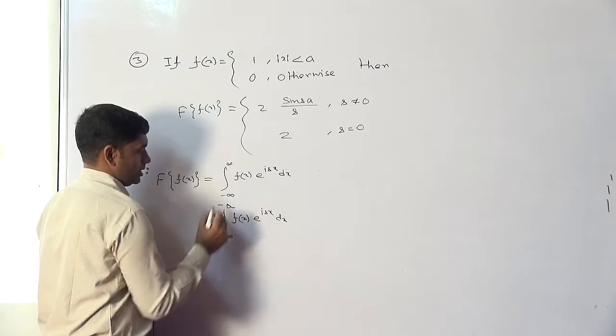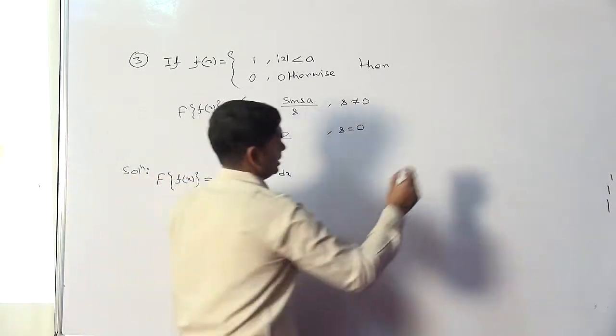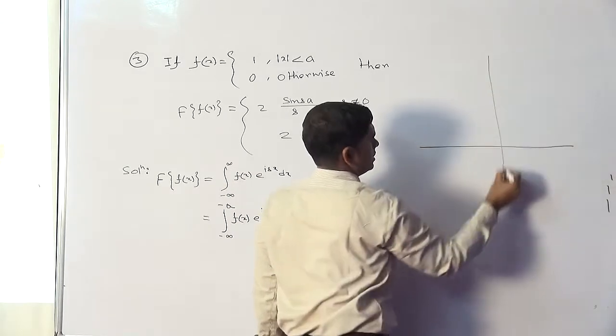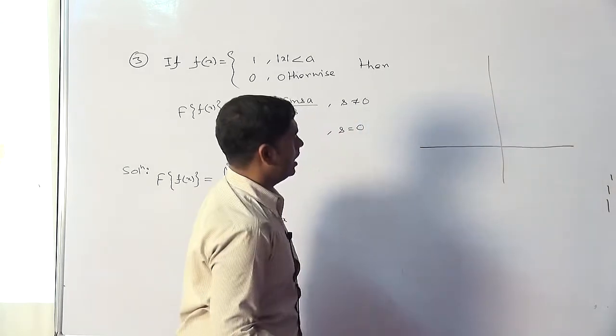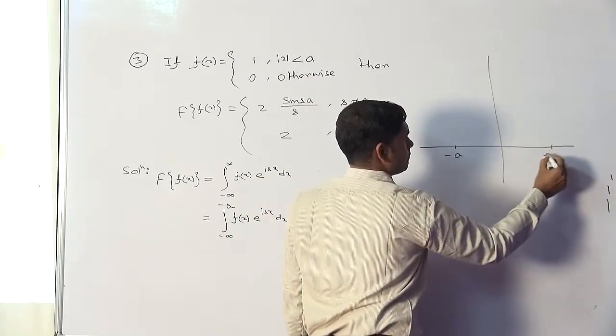The function f(x) looks like this: suppose this is the x axis and this is the y axis, and this is minus a and this is plus a.